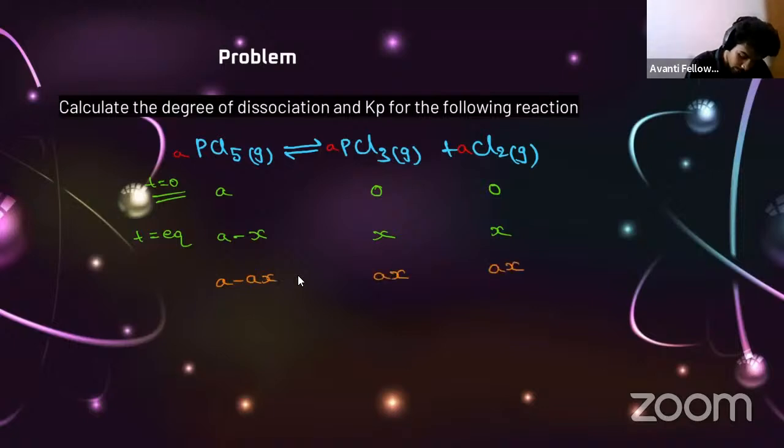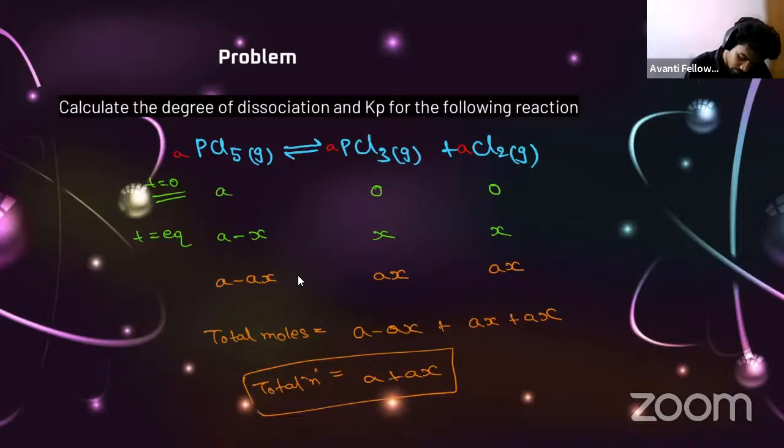Now, total moles is equal to what? A minus AX plus AX plus AX, right? Now, this is equal to what? A plus AX. Simple. Total N is equal to A plus AX.